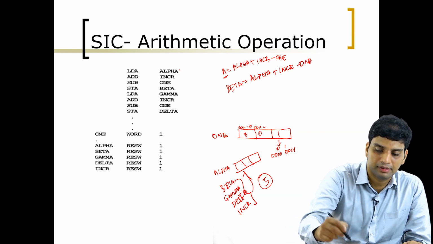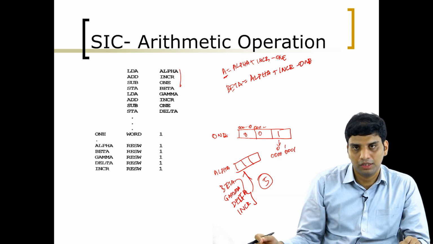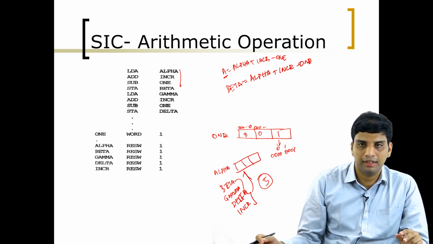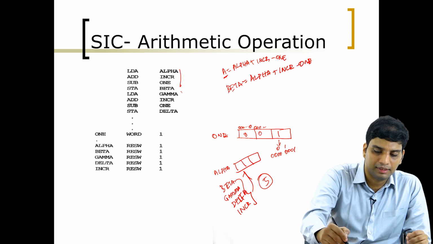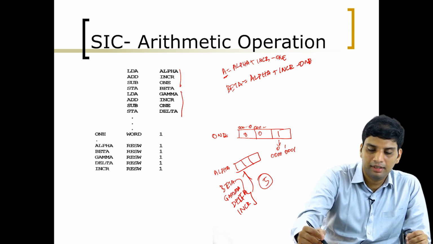The 4 lines: first one is load into accumulator alpha, LDA alpha. So the accumulator contains alpha, it's a temporary storage. In that temporary storage, I am adding INCR. INCR was added, then subtract 1, then it is stored into beta. Next, the next 4 lines we'll see. See here, LDA gamma.